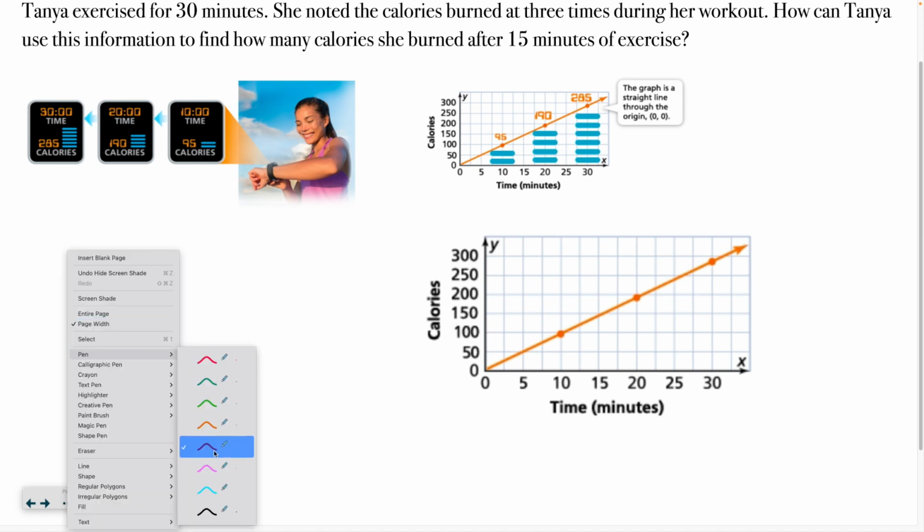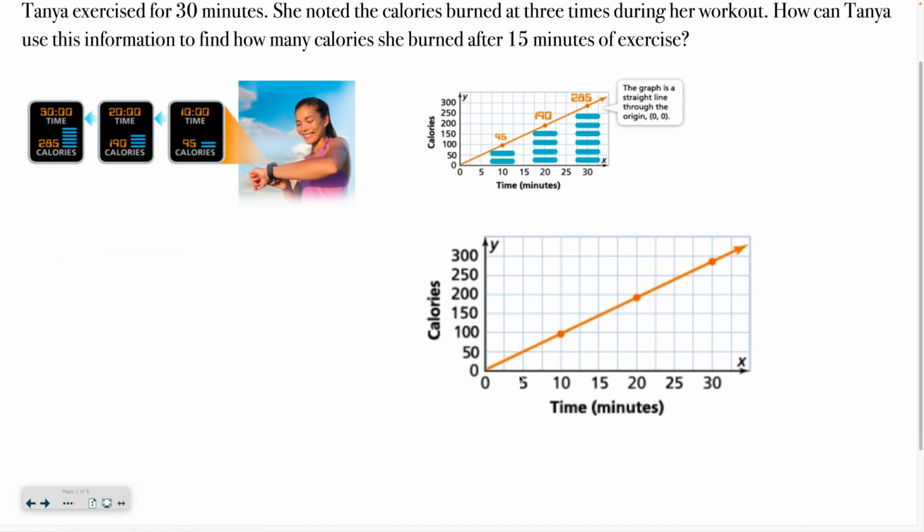But if we were to use this to interpret, after 10 minutes, you can see it's just under 100 calories. At 20 minutes, if I were to go over, you can see it is just under 200 calories. And this lines up with what we were seeing over here.